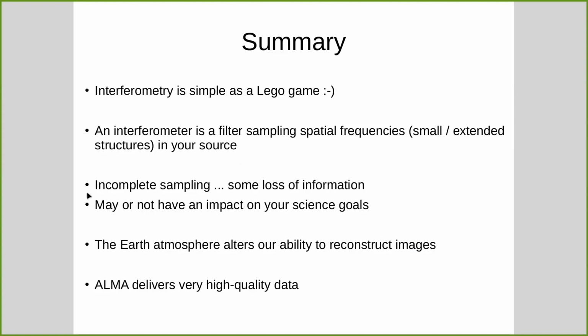An interferometer will always give you an incomplete sampling, so you will always lose some information. But sometimes it has an impact on your science goals. If you want to observe extended structures, for example, you have to be careful. But sometimes it doesn't matter. If you want to observe a point source, you see that the compact or extended configurations are equal for those sources.